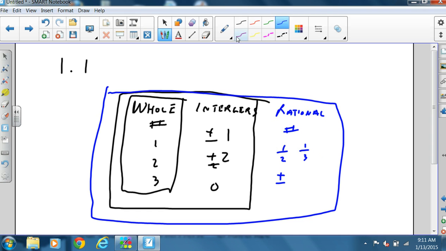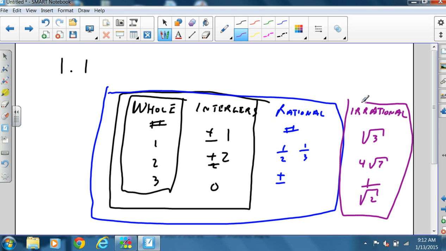Then we have irrational numbers. And irrational numbers would be like the square root of 3 and 4, the square root of 7, things like that, 1 over the square root of 2. So those are irrational. They stand by themselves. So a whole number, an integer, and a rational number would not be irrational.